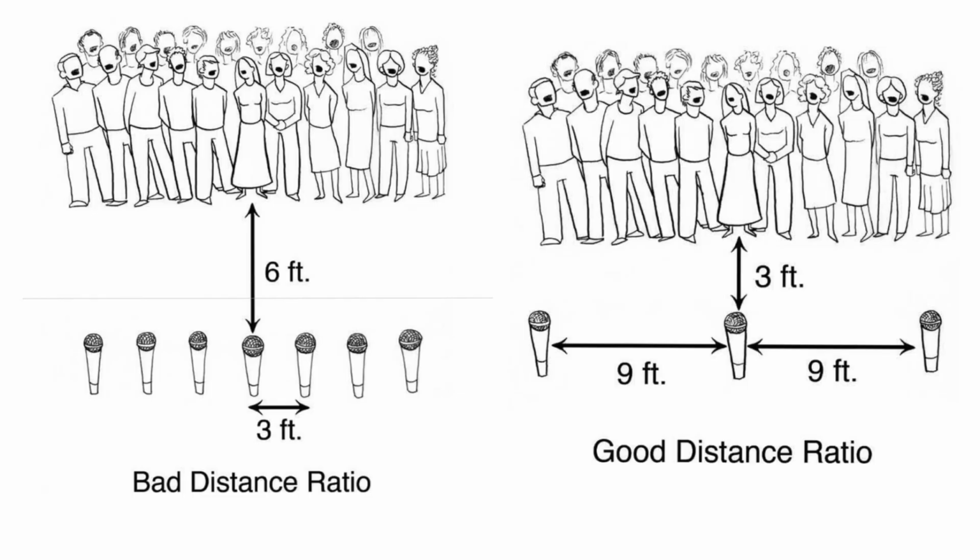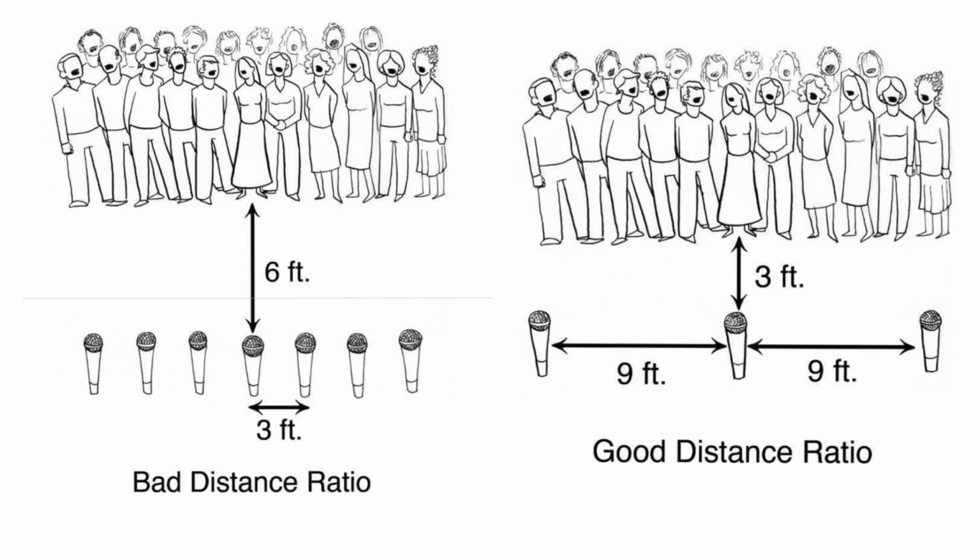When multiple overhead microphones are used to mic a choir, as is often the case, you need to use a basic rule when placing them so that there is limited interference among the mics. The basic formula for properly miking a choir or any group with multiple mics is the 3-to-1 rule, as shown in the diagram to the right.